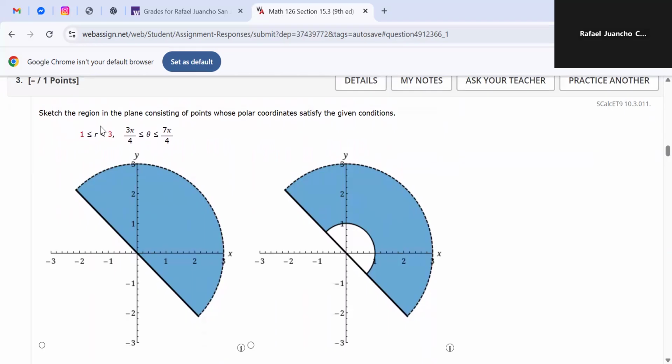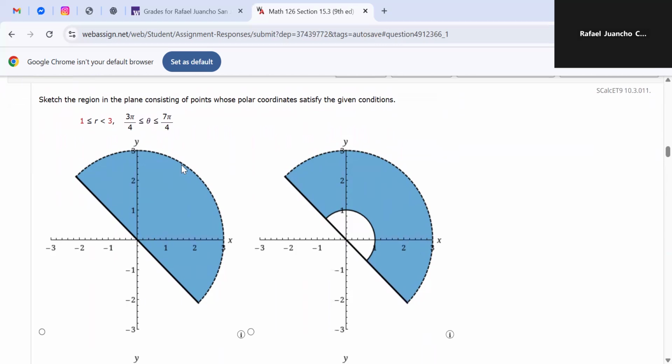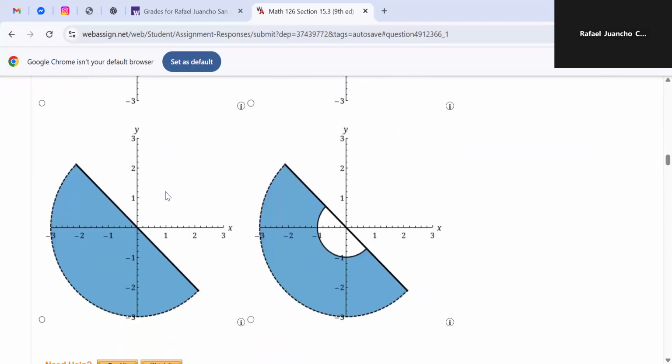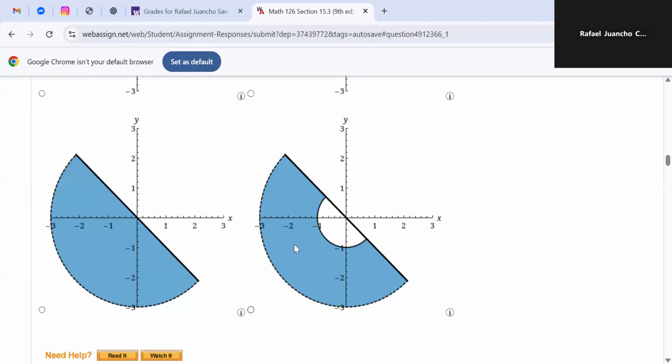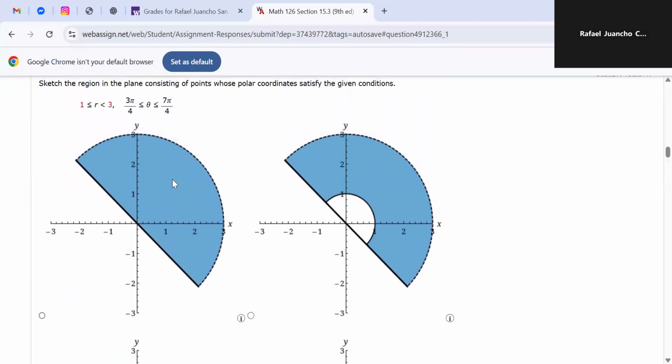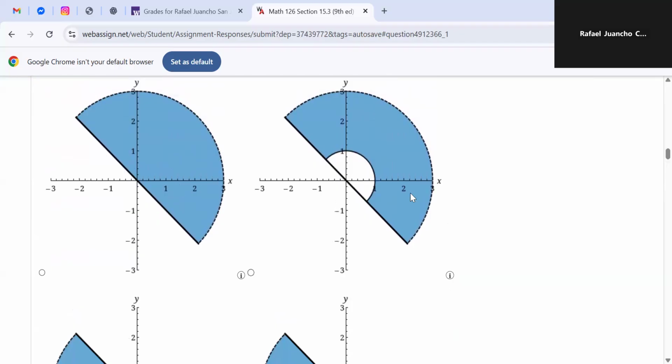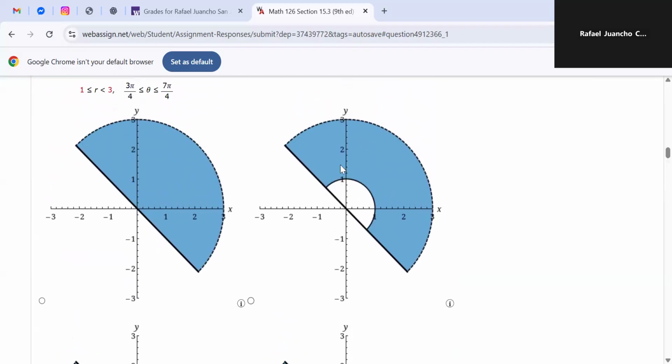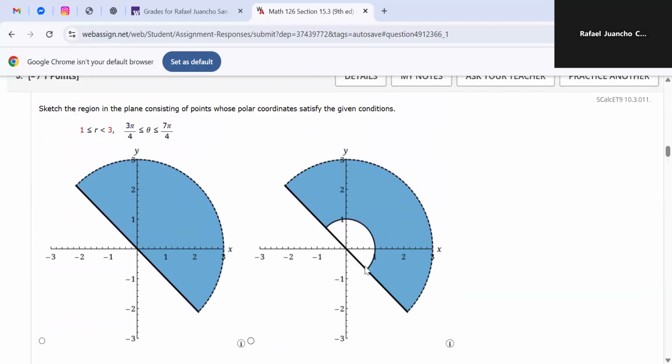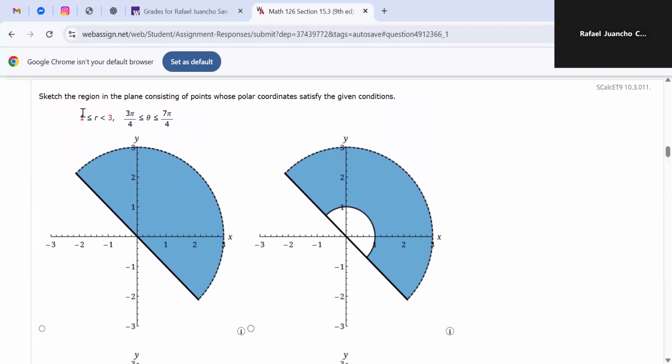Okay, so same idea. We sketch the region in the plane consisting of points whose polar coordinates satisfy the given conditions. And so we have my radius being from 1 to 3. Now this one's tricky. Oh, actually, this one's gone because there's a radius from 1 to 3, including 1.